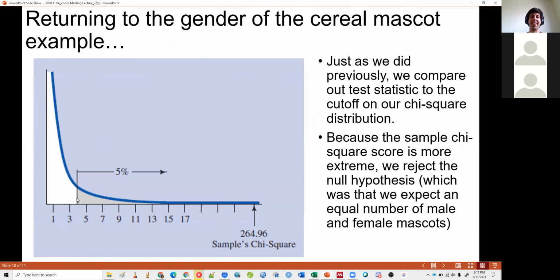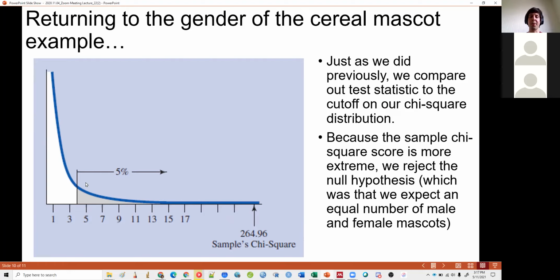So here is an example of our sample's chi-square score, which is our test statistic, and our chi-square distribution, that is our comparison distribution. Just like we saw on the Shiny app, the cutoff for the chi-square critical value was about 3.84, and everything to the right of that on the distribution is in the critical region, where if our sample statistic falls there, that would cause us to reject the null hypothesis.